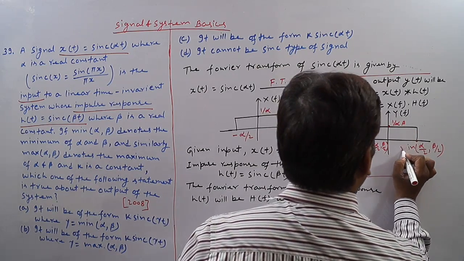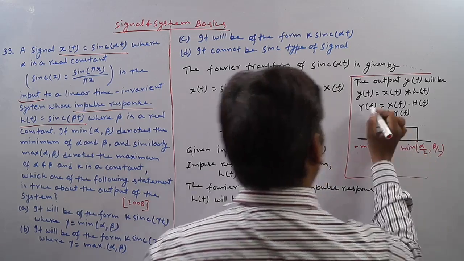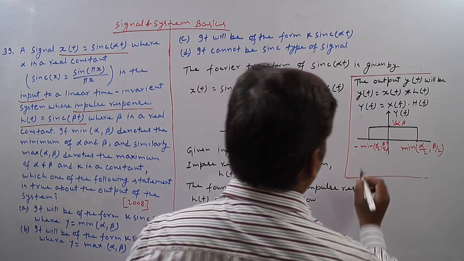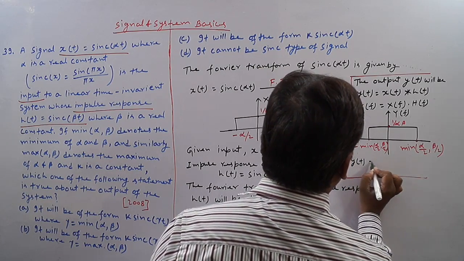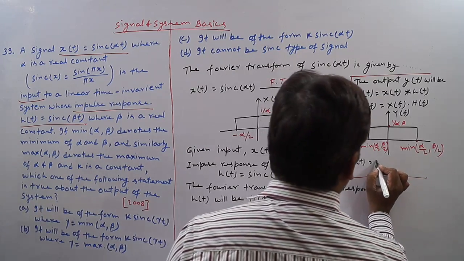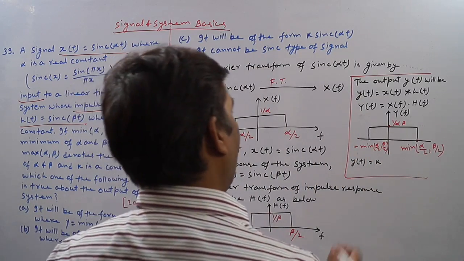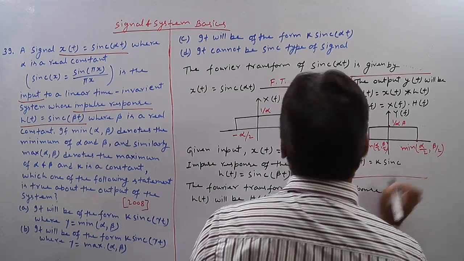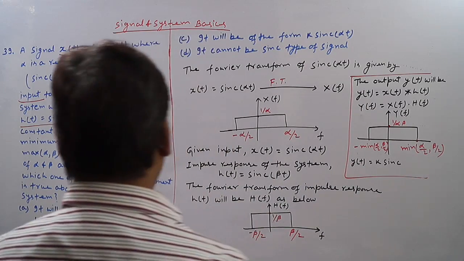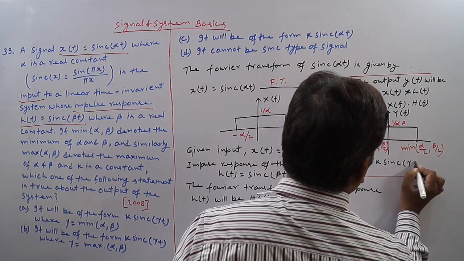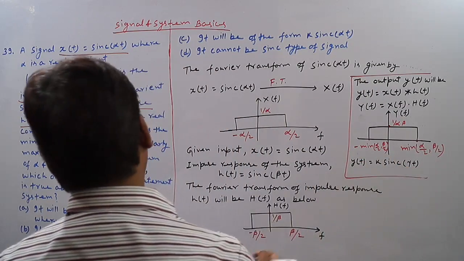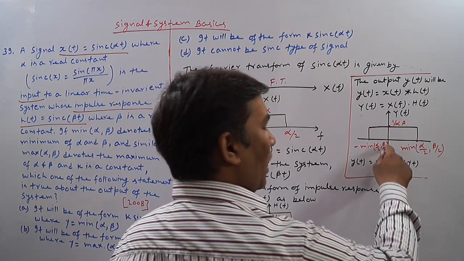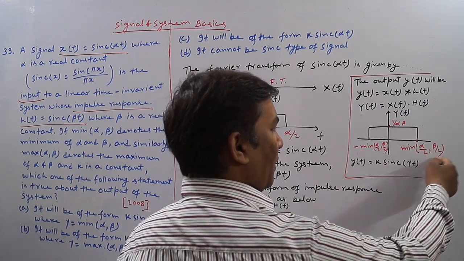Now if we take the inverse Fourier transform from here, y(t) will be nothing but some constant k times sinc(gamma t), where gamma will be the minimum of alpha and beta, because here it is varying between minus alpha by 2 and beta by 2 to alpha by 2 and beta by 2.